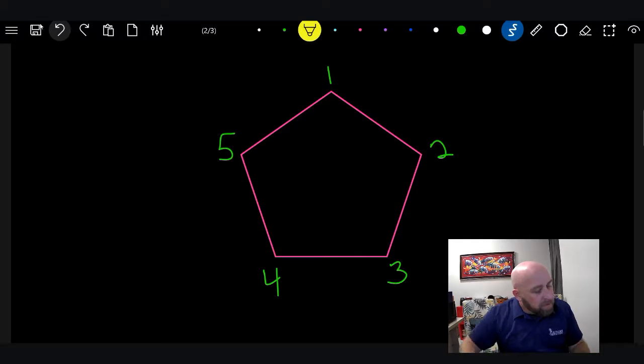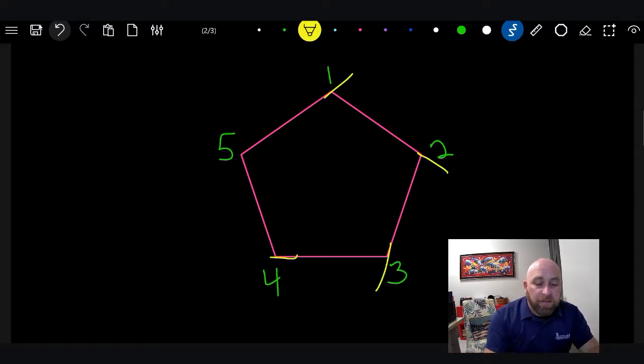The sum of one group of exterior angles and all the interior angles of the polygon is n straight angles. Well, how many is n? Well, in this one, n is 5. So if we count up all of the exterior angles, so I'm just kind of going around it and making exterior angles.